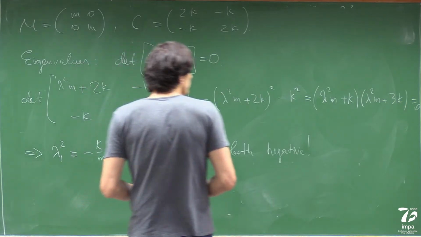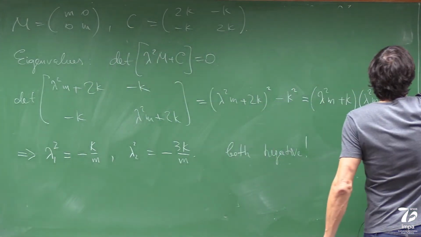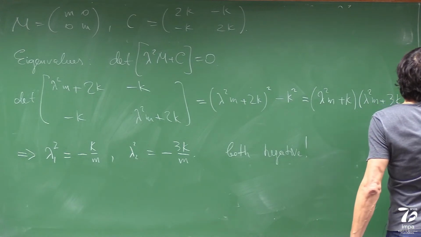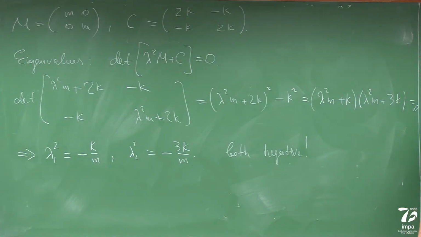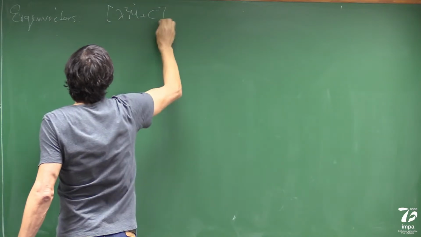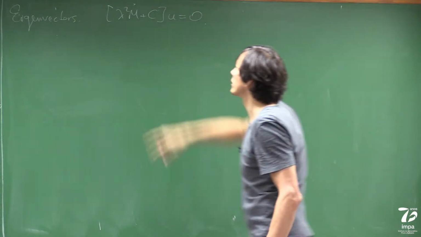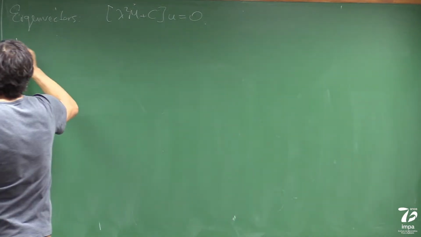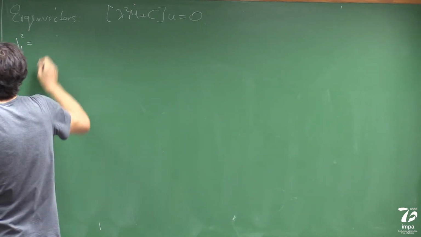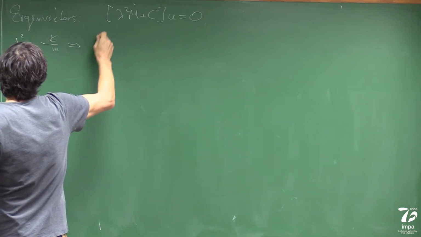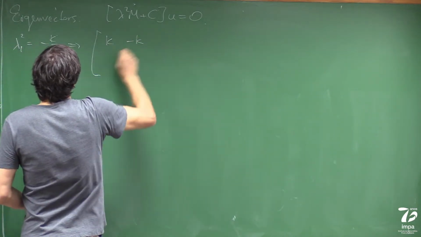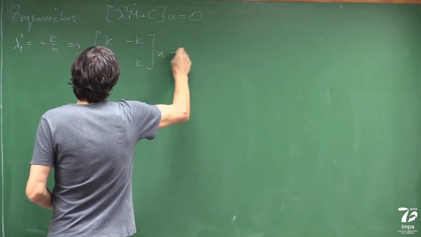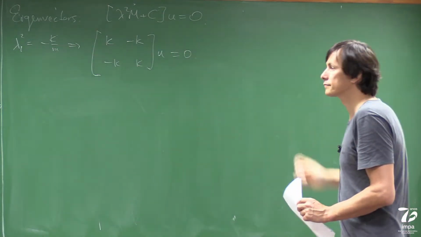Then the second step is eigenvectors. How do we find eigenvectors? We have to solve the equation lambda squared M plus C, times U, equals 0, and find U. Taking the first, lambda squared equals minus k over M, the matrix becomes k, minus k, minus k, k.